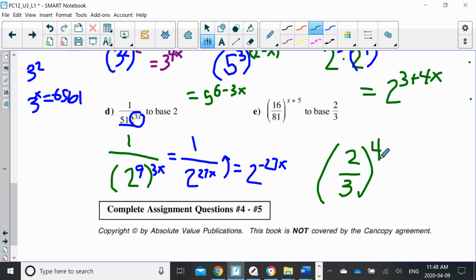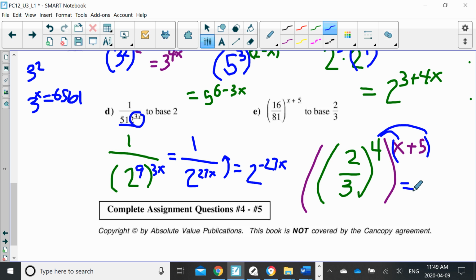Okay, and then this entire thing, they said was to the power of x plus 5. So what I have is power to a power, which means multiply. But because this is a binomial, I have to multiply this 4 by this entire binomial. So I'm going to put this binomial in a bracket, and let's distribute that in.